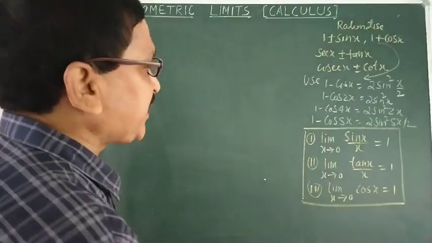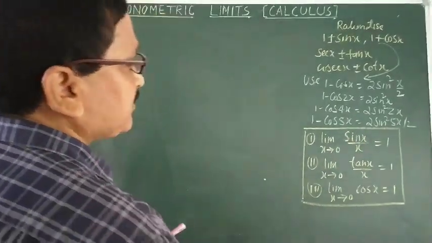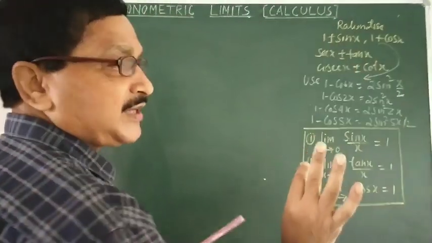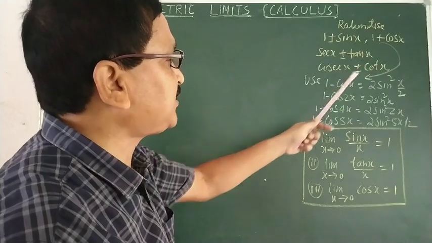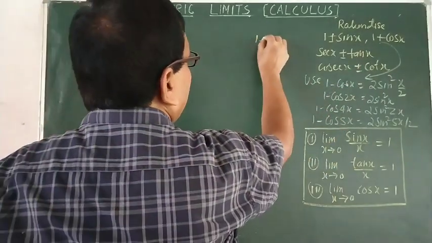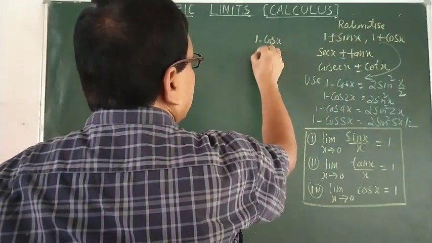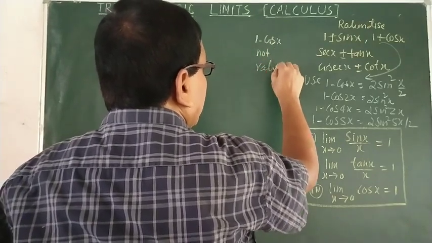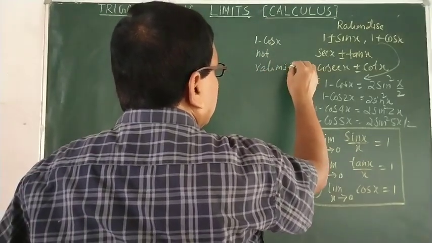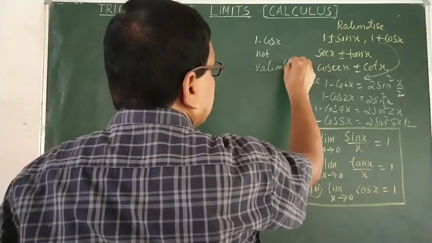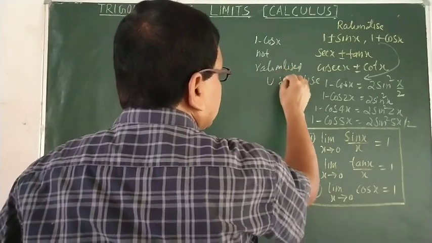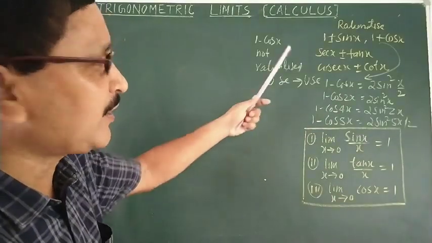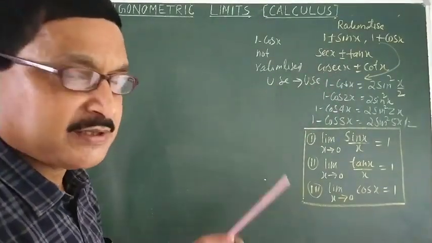Now we are starting some examples. One thing, note that minus is never rationalized. 1 minus cos x is not rationalized. Use this formula for 1 minus cos x. Otherwise you can rationalize this.